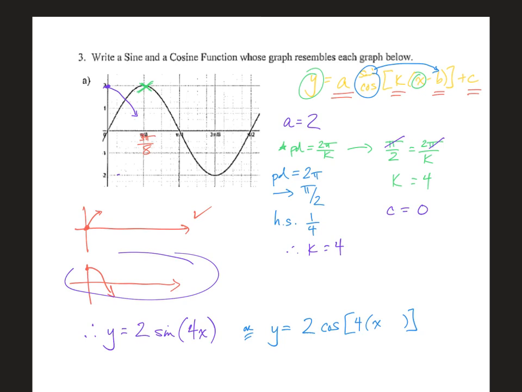So if I was to then shift my curve to the right 3 pi by 8, then I would now have my graph starting at the top and falling, and it will match up with the graph that's given. So as I take a peek at that then, I can now have a shift right, which means I need a subtraction, the amount 3 pi by 8, and there is a possible graph. If I was to give you this problem after you've done some practice, I would expect to see both of those equations.